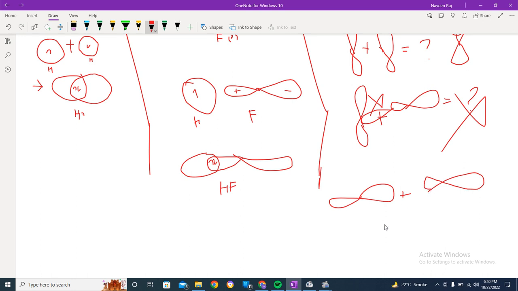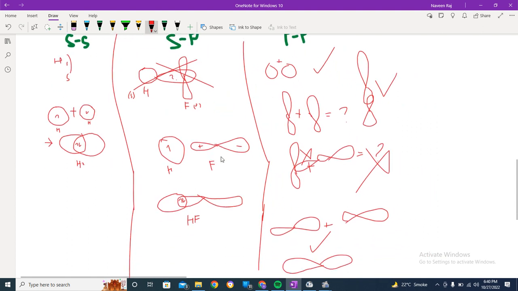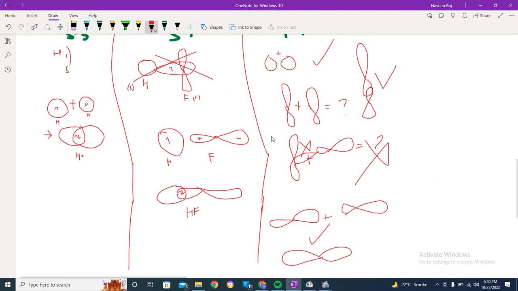Is this possible? Yes, it is, because it is axial. A bigger thing would form, the size would get increased. Do look into these things. Play the video again if you are unable to understand these quite basic concepts. This is axial overlap. Now in the next video we're looking into pi and how that works.